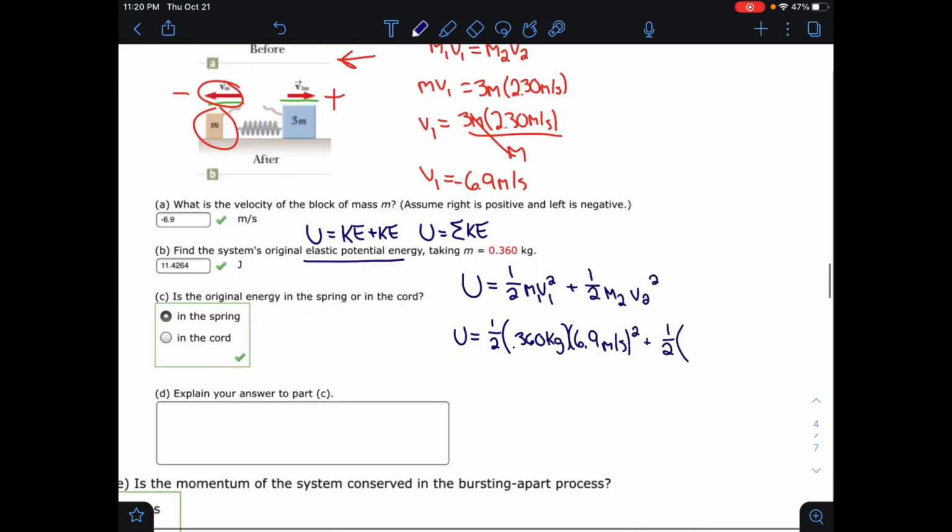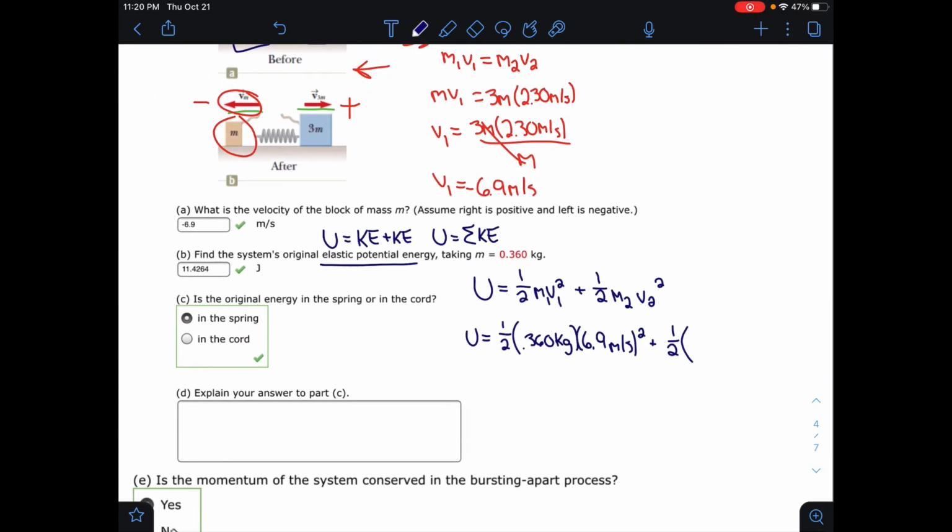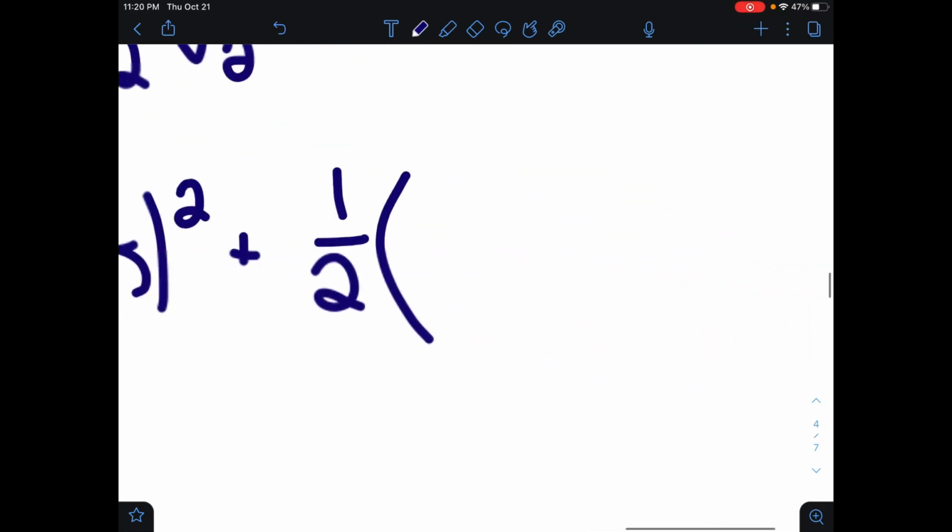This one's mass was 3m, so 3 times 0.36 is 1.08.